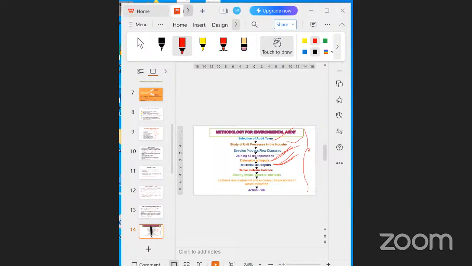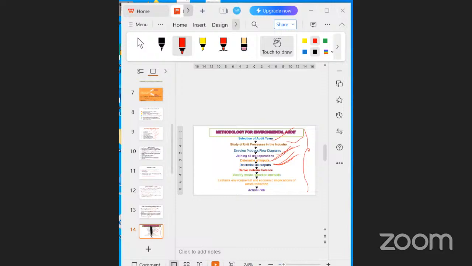So outputs include all products which are produced by the industry, byproducts, and all waste products. So the waste product, whether liquid, gaseous, solid, or hazardous waste, right? So all kinds of outputs are calculated in this step, right?